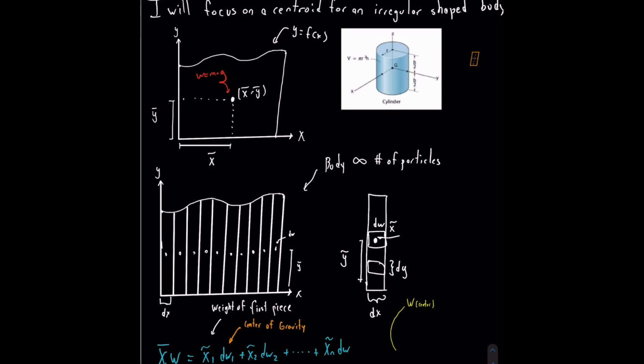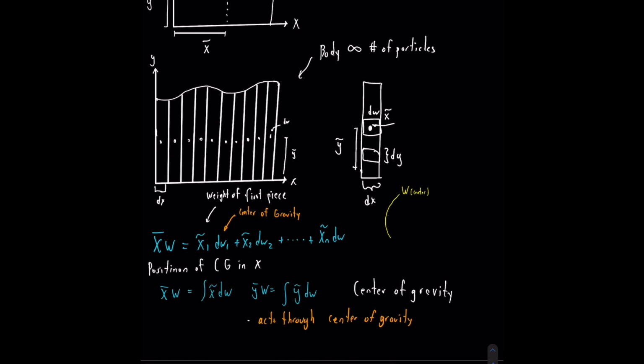As so. Now, here we have all these strips, and all these add up. So if you add up all these components, the x tilde's and the infinitesimal weights together, you're going to get the x-coordinate of the centroid times the weight. And that is equal to the integral when you add all these pieces together right here.